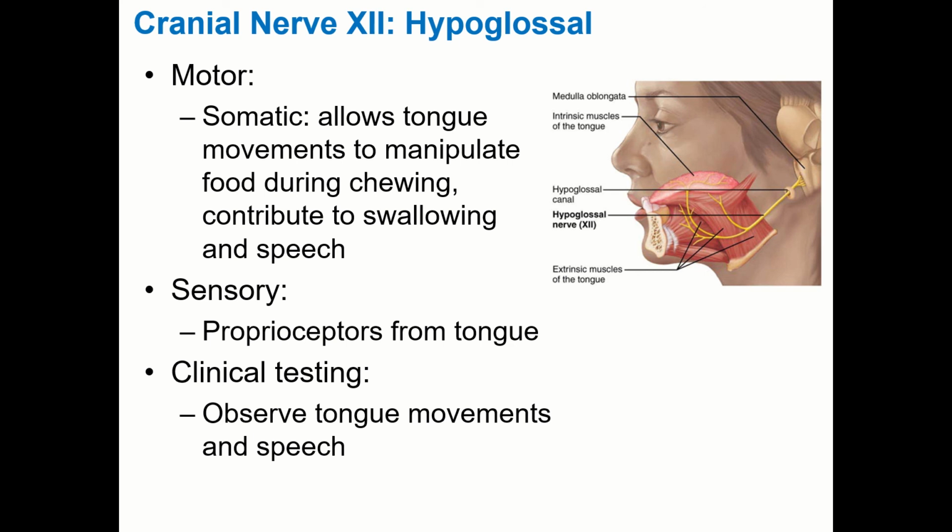No autonomic function here. From a sensory standpoint, kind of like the accessory nerve, the sensory function is just the proprioceptors in the tongue, so knowing where it is in space. And then from a clinical standpoint, if they've been talking, you probably would have noticed if their tongue wasn't functioning correctly, because they wouldn't be able to produce the sounds that they need to produce.